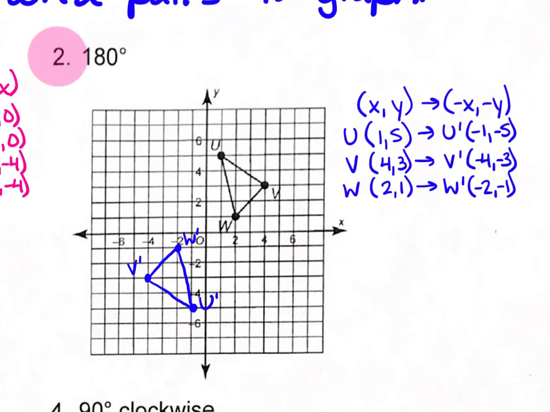Number 2 was rotated 180 degrees. Notice that it is 2 quadrants over, no matter if you went clockwise or counterclockwise. It's still wound up in the same quadrant. It's the opposite quadrant. And the figure is upside down and backwards.